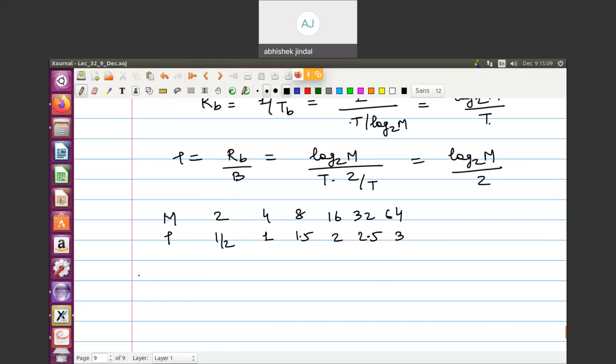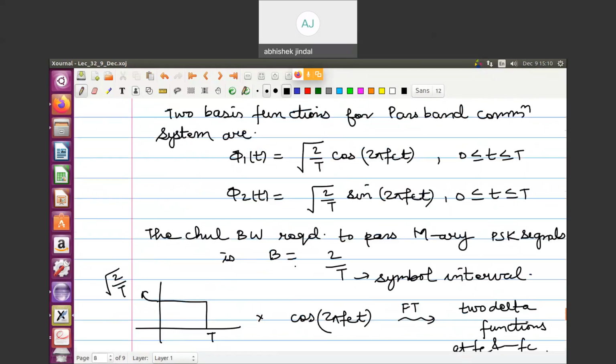So as the number of states M is increased, the bandwidth efficiency is improved. This is called BE. Let me write it down as BE.